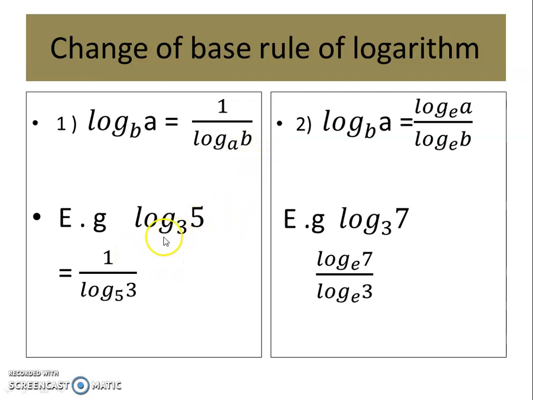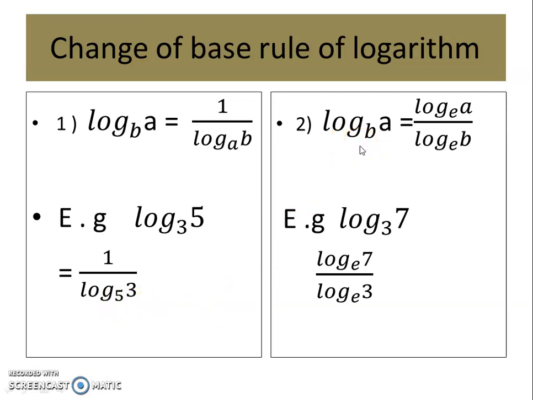Suppose I take the example log 5 to the base 3, and I want to interchange the number and base. Obviously a is equal to 5, b is equal to 3. Putting these values in the expression, we get 1 upon log 3 to the base 5.